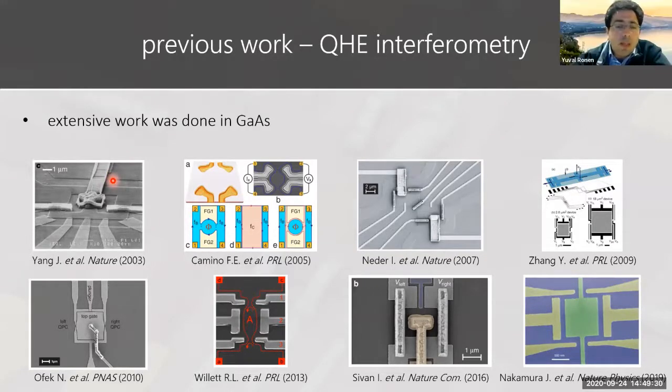Okay, yeah. This, for example, is a Mach-Zehnder and this is a Fabry-Perot. But the more fundamental difference is that a Mach-Zehnder is a 2-path interferometer, while a Fabry-Perot is a multi-path interferometer. That's one distinction. In terms of using them to do this interference experiment, I think the main difference is that a Fabry-Perot is very similar to a quantum dot.